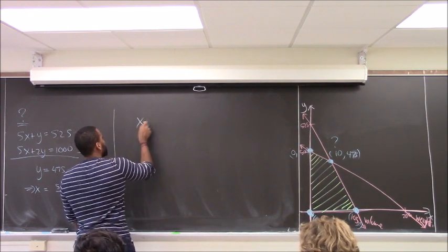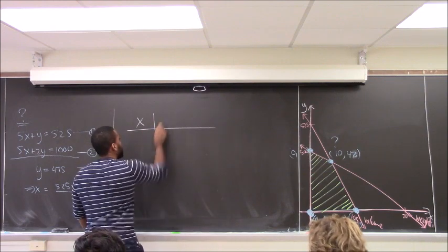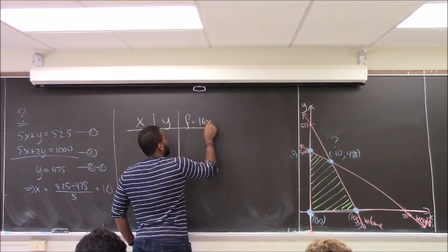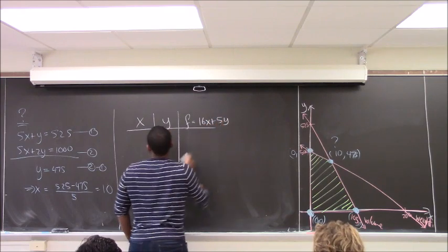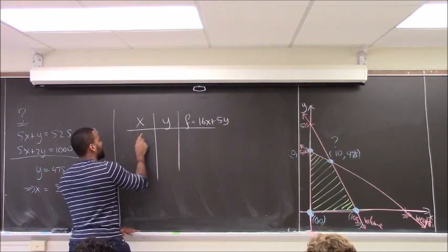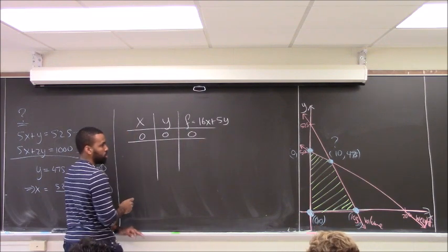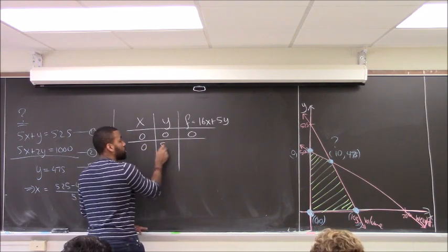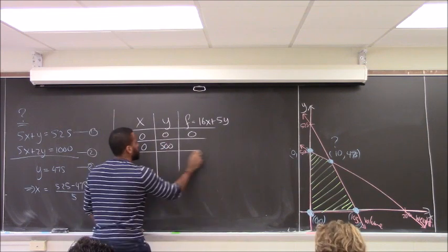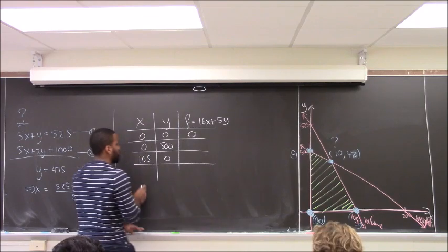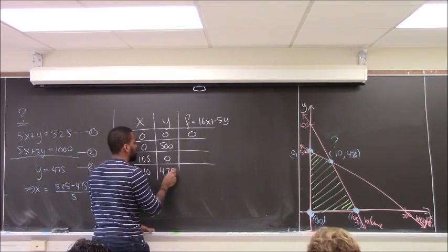So the next step is to actually test all the values. Your f was 16x plus 5y. As a courtesy, let's put 0, 0 in there, but we know that's not going to be what we want. We also have 0, 500, we also have 105, 0, and we have 10, 475.